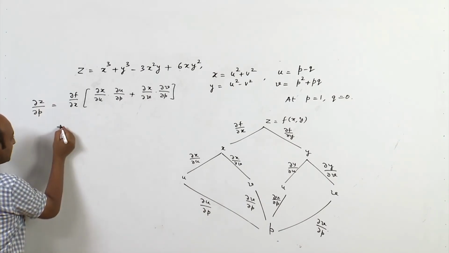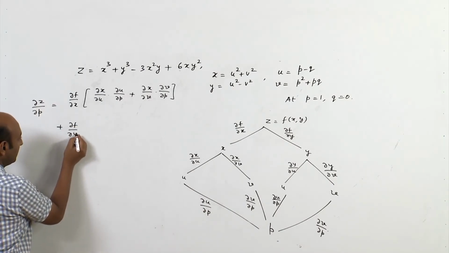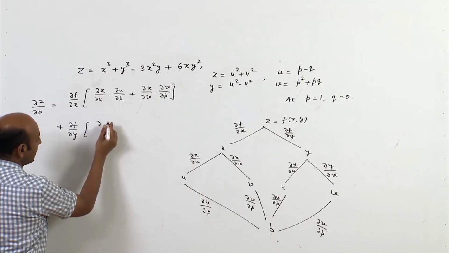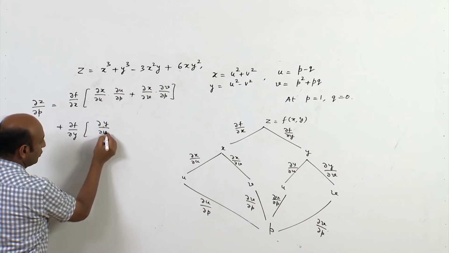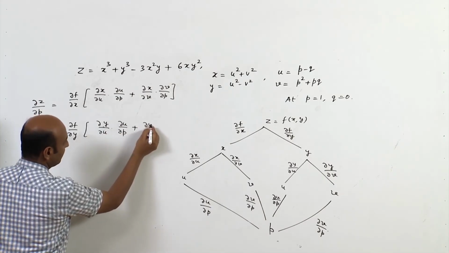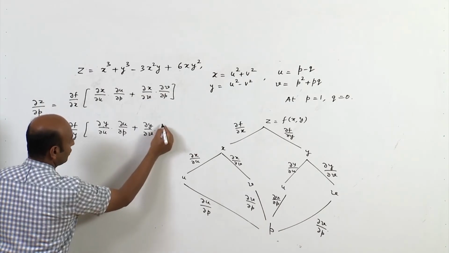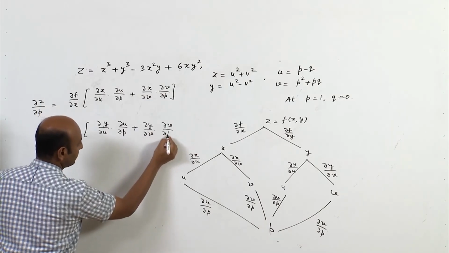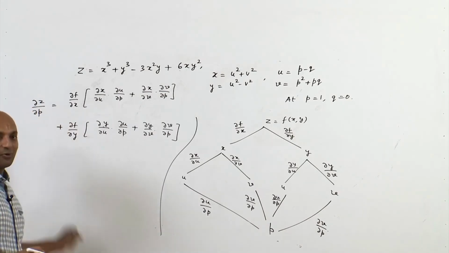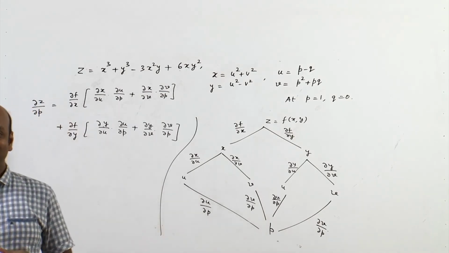And from the second branch it is del f by del y into del y by del u into del u by del p plus del y by del v into del v by del p. So, this is the second branch, and this is the expression for del z by del p.